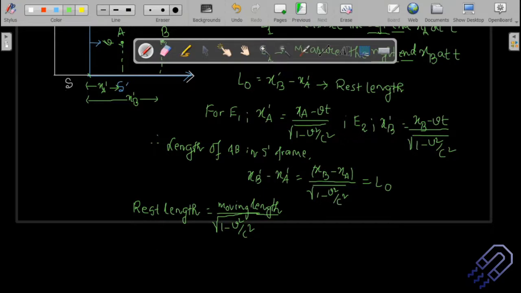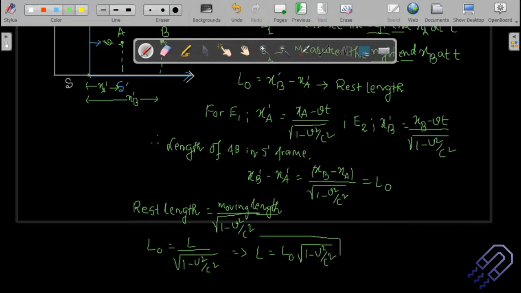So in general, I can write L naught is equal to L divided by root over 1 minus v square by c square. That means if you want to measure the length on the moving frame of reference, you will observe it to be L is equal to L naught root over 1 minus v square divided by c square, correct?